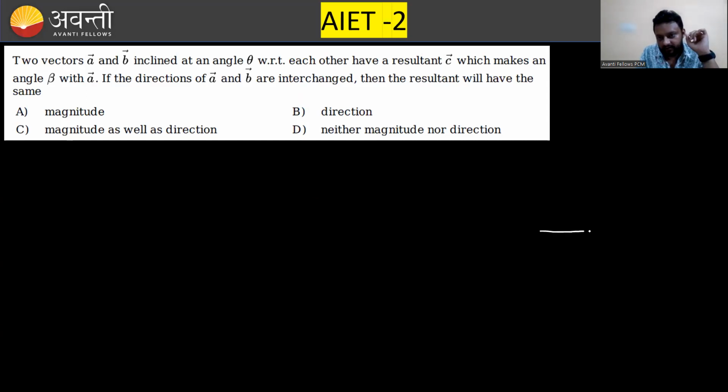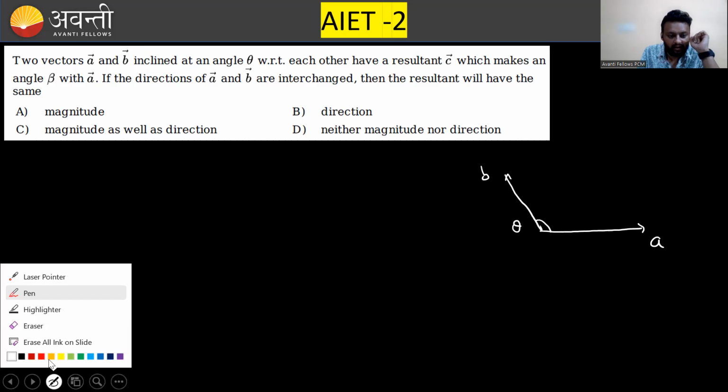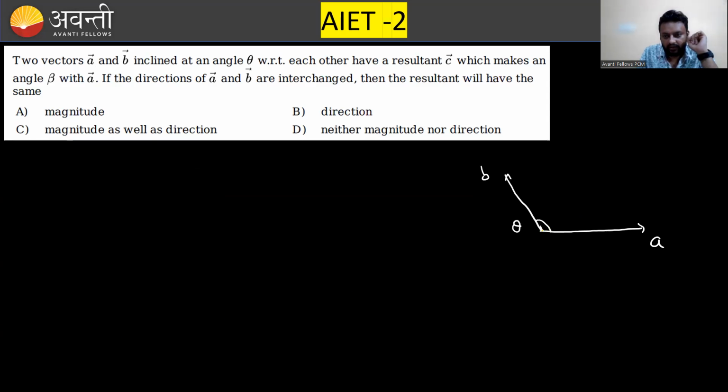Let's suppose this is A and let's suppose this is B. And the angle between them is theta. Clear? And the resultant, let's suppose this is the resultant C, which makes an angle beta with A. This is the complete statement.